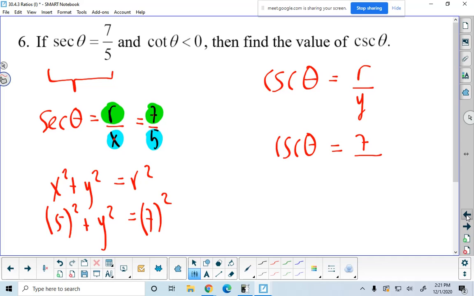So I would like everybody to calculate what y squared is. I just want to know what 7 squared minus 5 squared is. I think it's 24, but I'm just doing that in my head and my head is weary. It is 24, good.